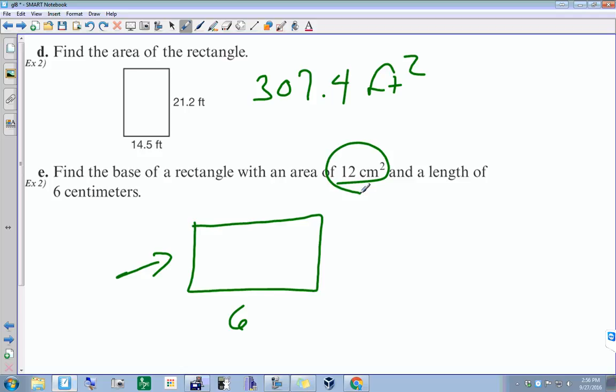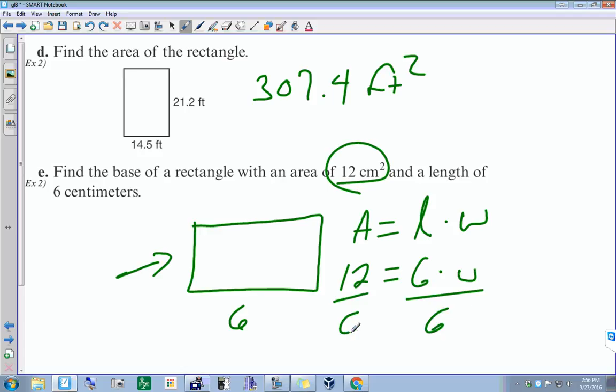So we're going to set up the formula: area is equal to length multiplied by the width. So 12 is going to be equal to 6 times the width. Divide by 6, divide by 6. So it looks like 2 is equal to the width. Does that make sense?